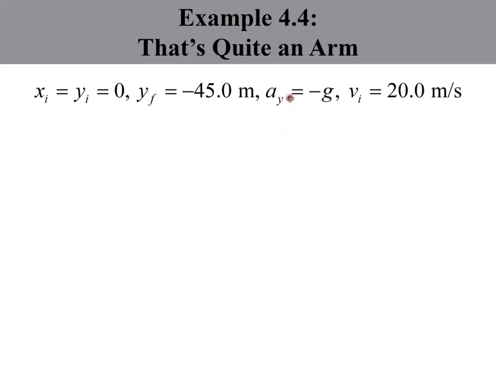Acceleration, even though it's not given, you can always put into the information, because gravity always exists, so a_y is always negative g. The initial speed equals 20, and this is the resultant speed.